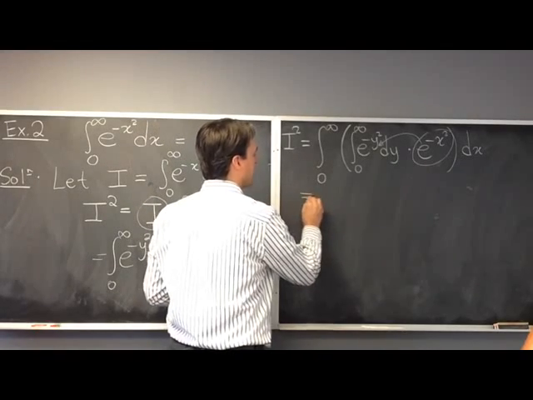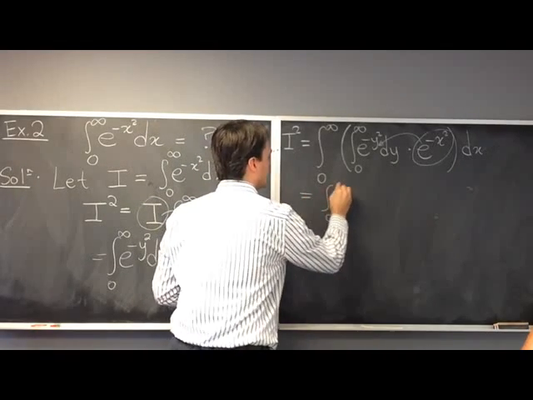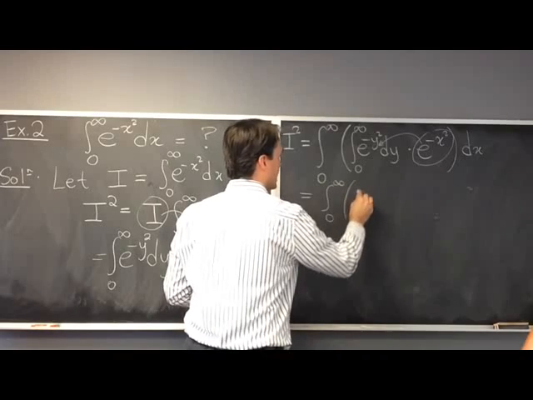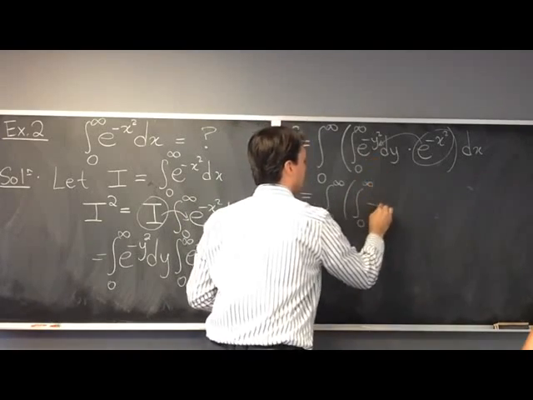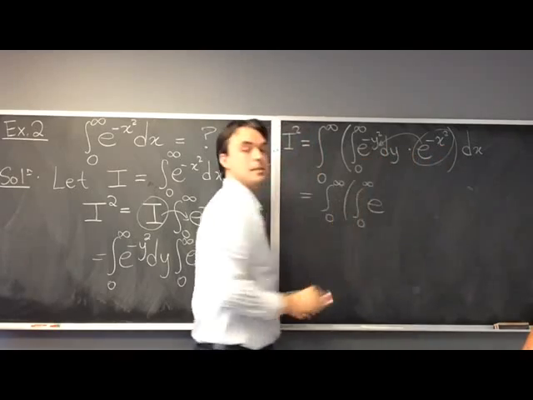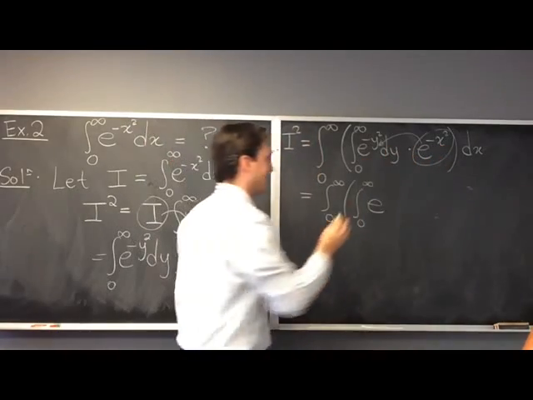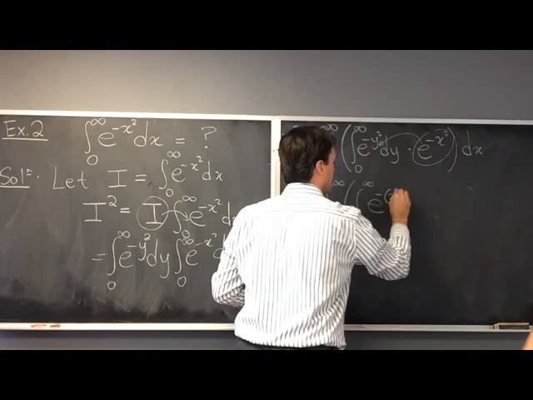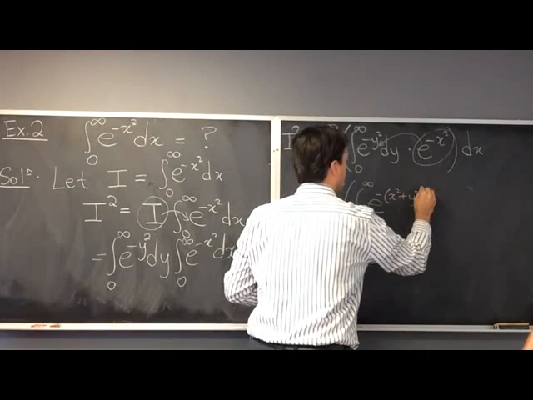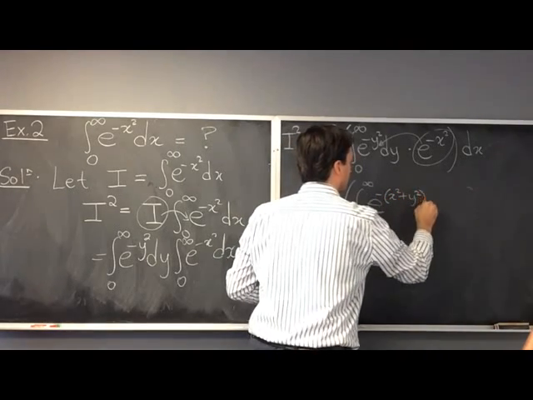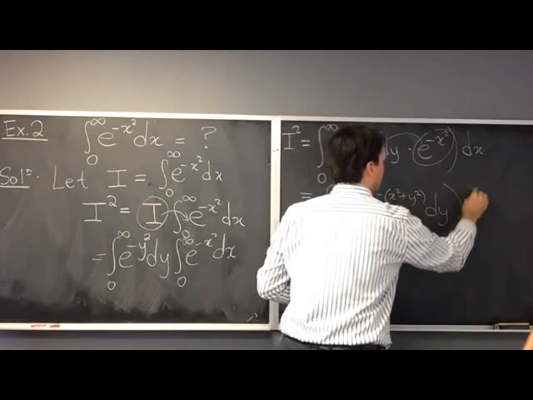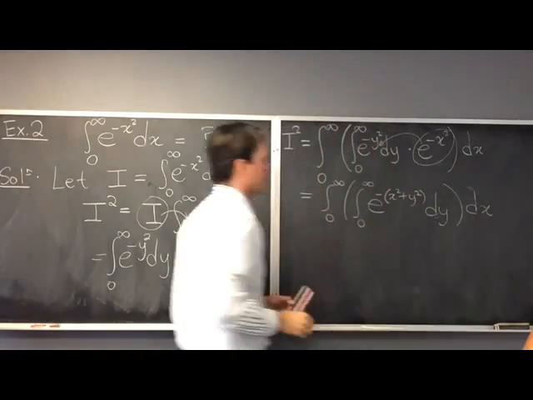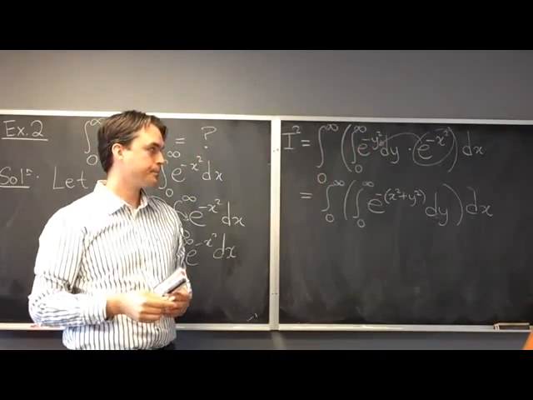And so what I end up getting is something that looks like an iterated double integral. I get the integral from 0 to infinity of the integral from 0 to infinity of e to the minus x squared times e to the minus y squared, which of course is e to the minus x squared plus y squared. That's an integral with respect to y, and then the outer integral is with respect to x.